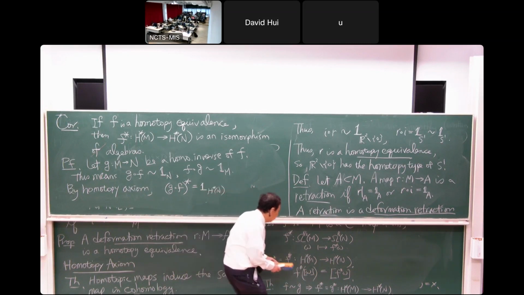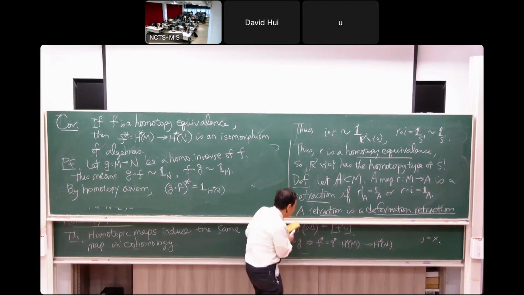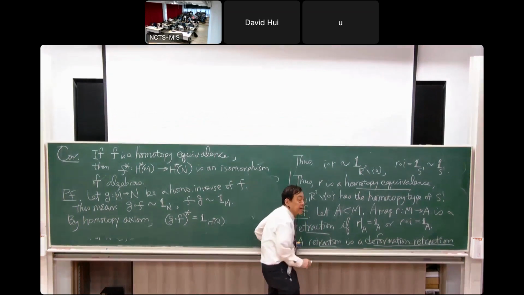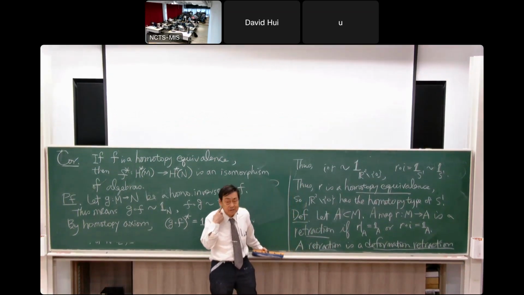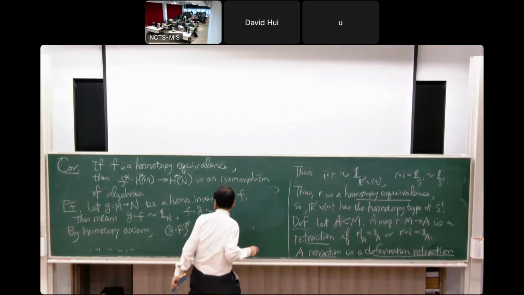But as I said, usually we write this also as F star. We write it as hatch only if it's necessary to distinguish the map on forms and the map on cohomology.